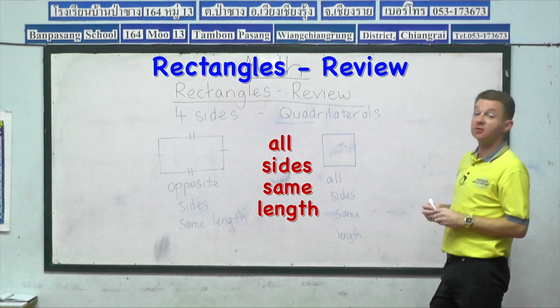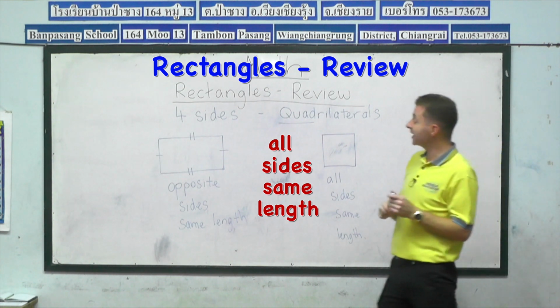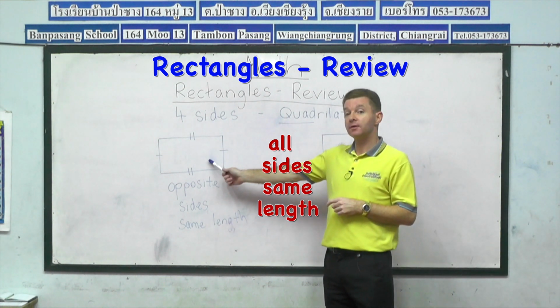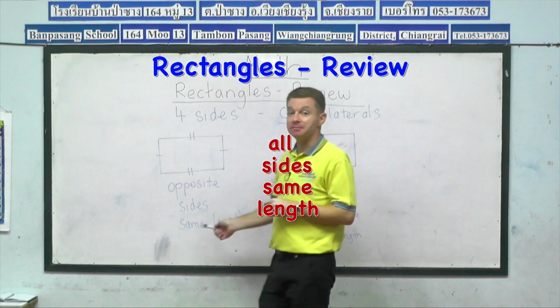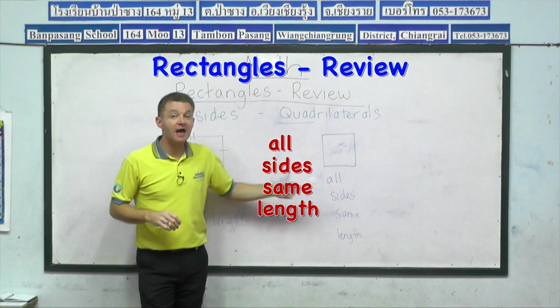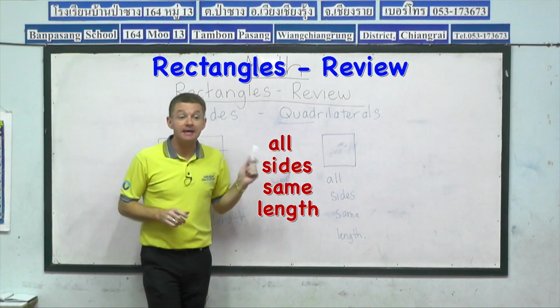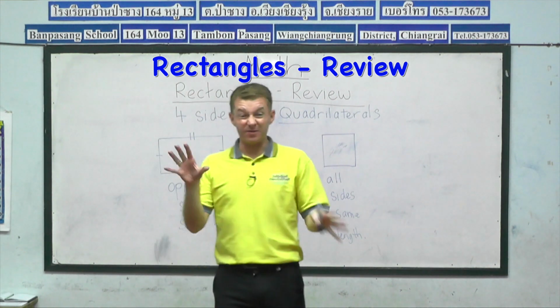Okay, so they're the 2 shapes, the 2 rectangles that we've looked at so far. All together, rectangle, opposite sides, same length. Squares, all sides, the same length. That's the main difference between the 2. That's how we tell them apart.